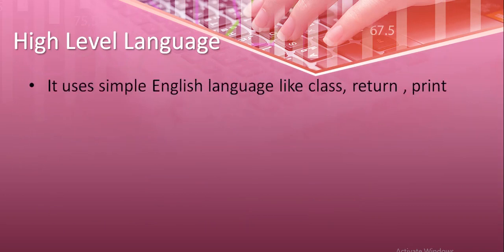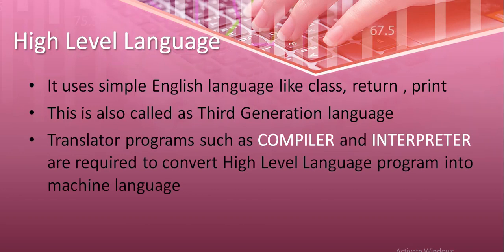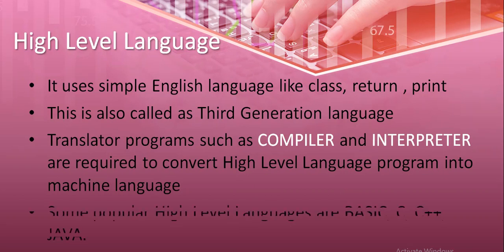Next, we will learn about high level language. It uses simple English words like class, return, print. All these words are used here. This is also called third generation language. Translator programs such as compiler and interpreter are required to convert a high level language program into machine language. So we are going to use these two software, called compiler and interpreter, to convert our high level language into machine level language.